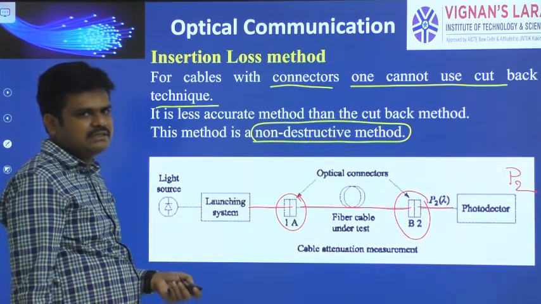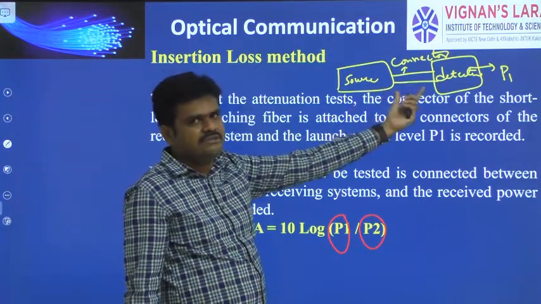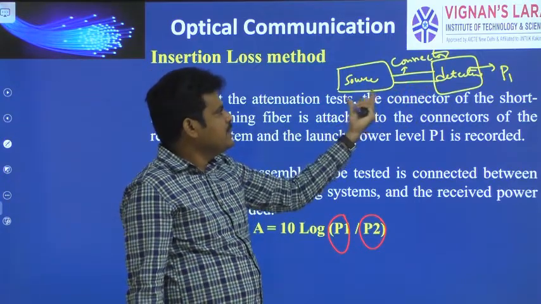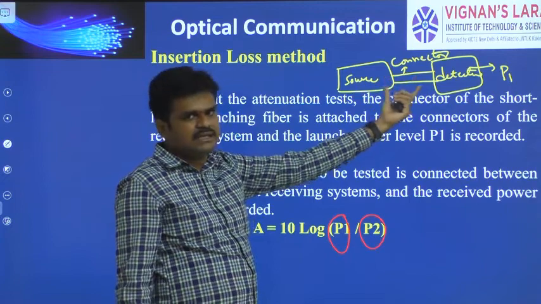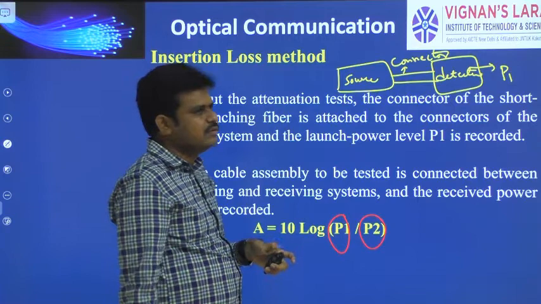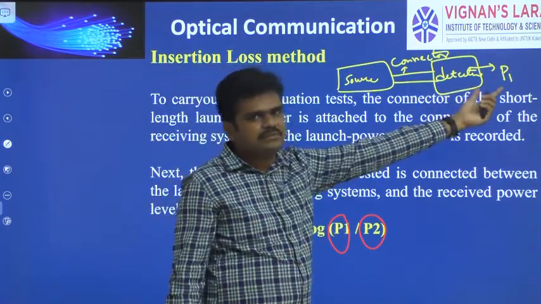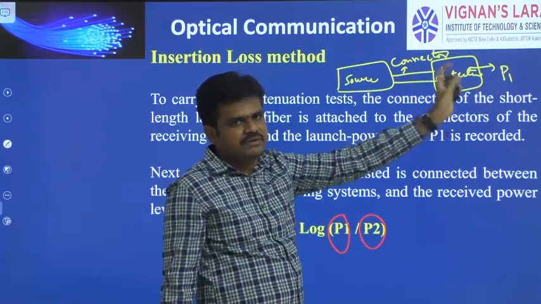What is insertion loss? We take a small connector and place it between the source and detector, that is, connect the source and detector using a short length fiber connector. Measure the power received at the detector, say P1.